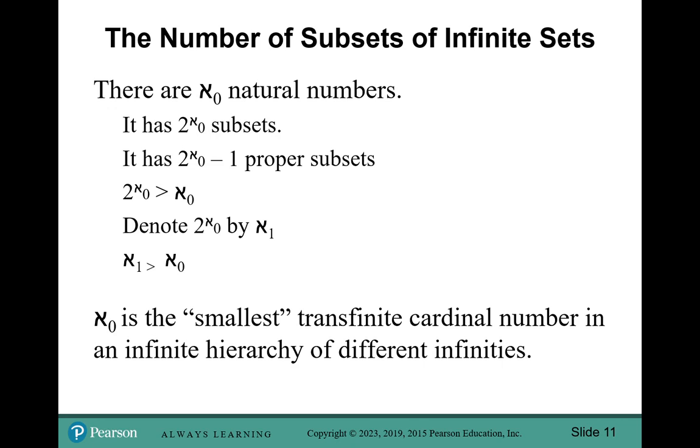Aleph sub 1 is greater than aleph sub 0, therefore aleph sub 0 is the smallest transfinite cardinal number in the infinite hierarchy of different infinities and beyond.